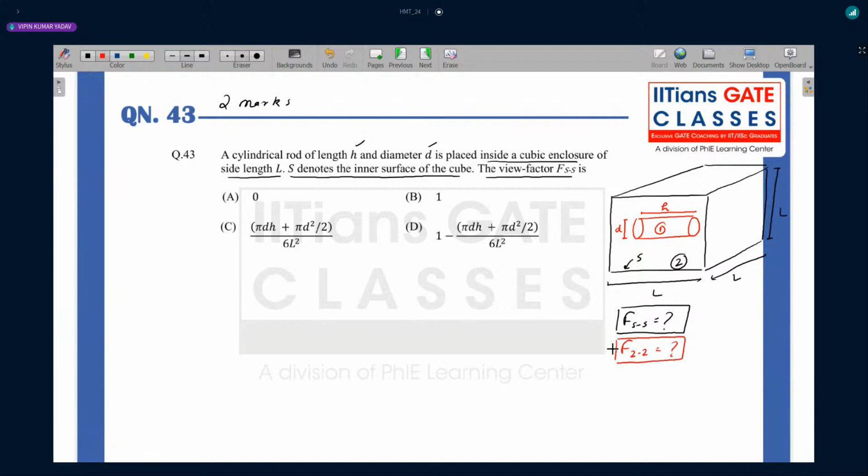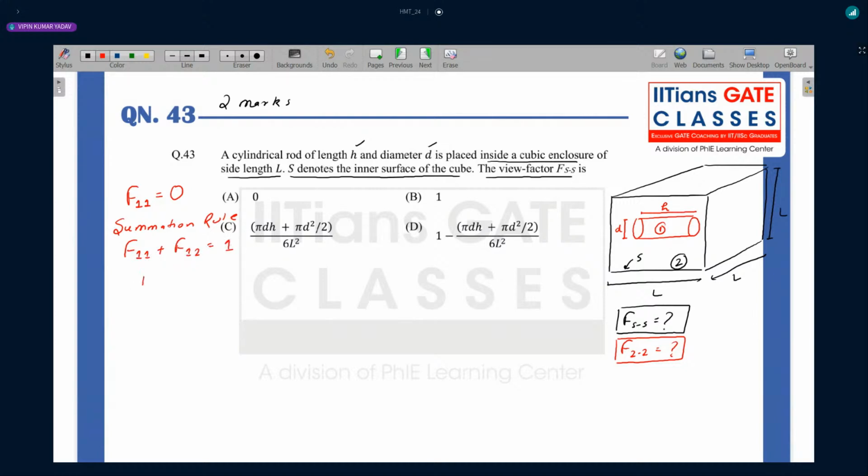Now tell me one thing. So many times I have done this, same steps. What is F11? It will be 0, of course. Whatever radiation is emitted from surface 1 is not going to fall on surface 1. Then if I apply the summation rule, F11 plus F12 will be equal to 1.